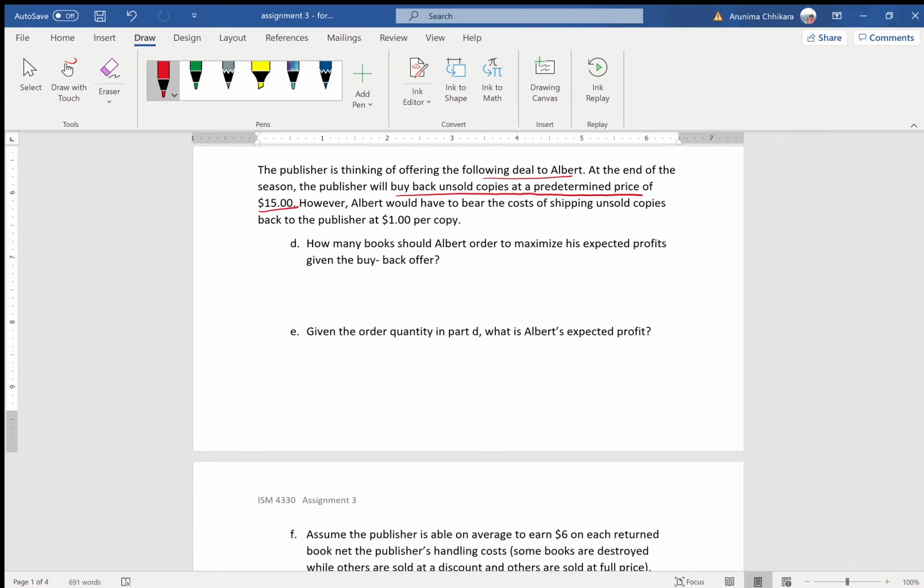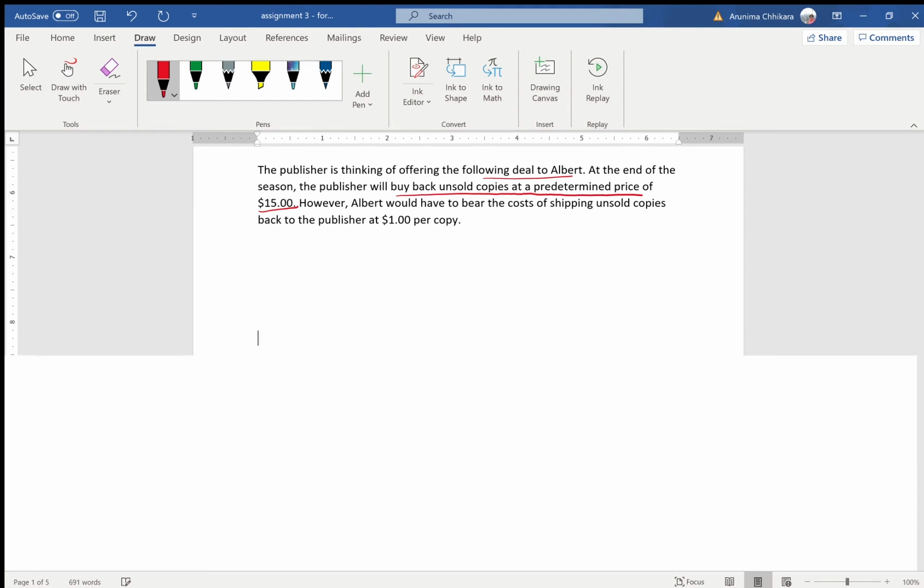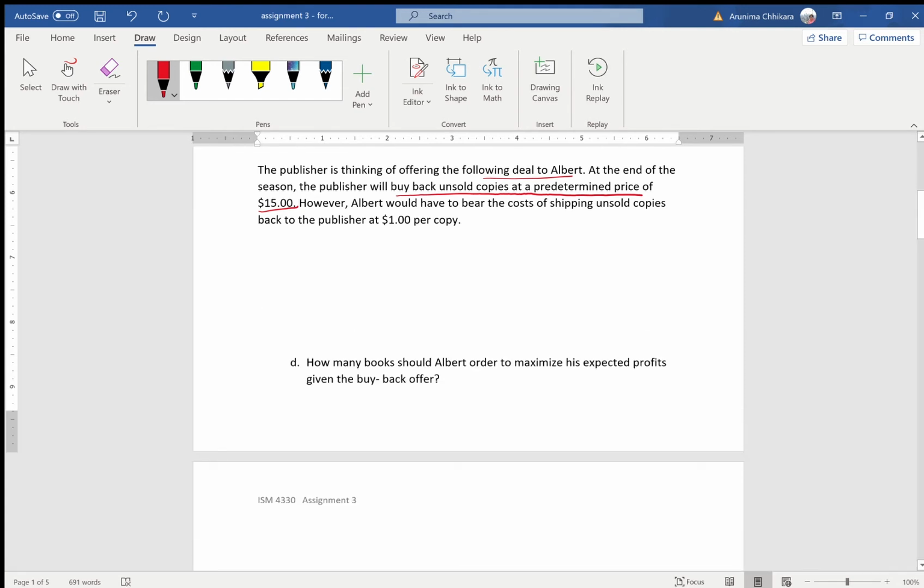So that's the buyback price that we have here. It also says that Albert would have to bear the cost of shipping unsold copies back to the publisher at $1 per copy.